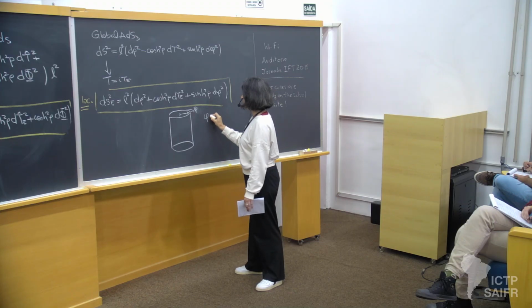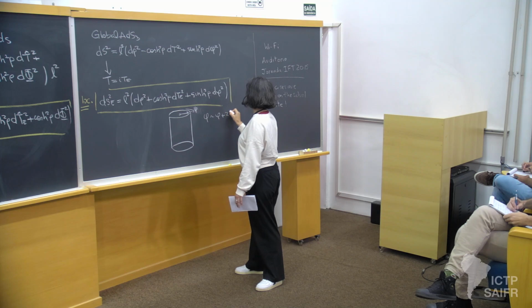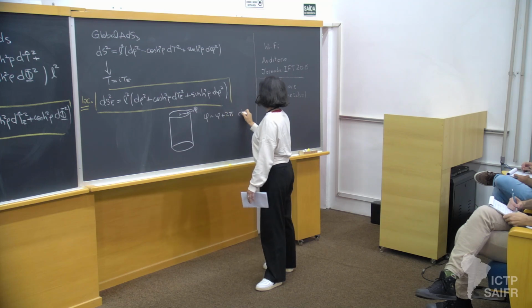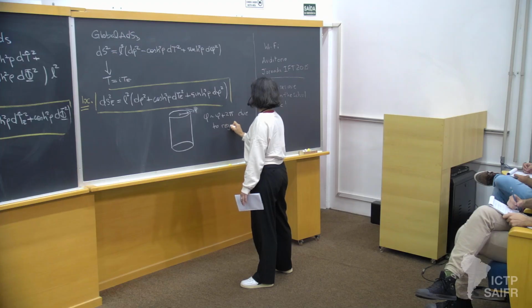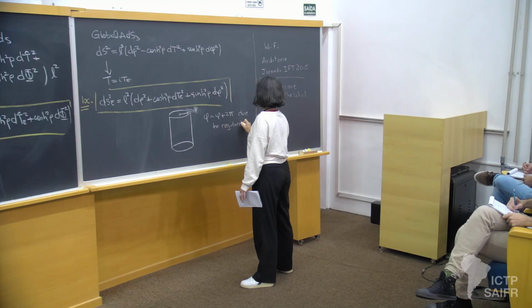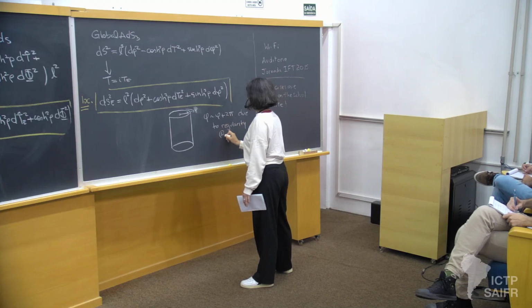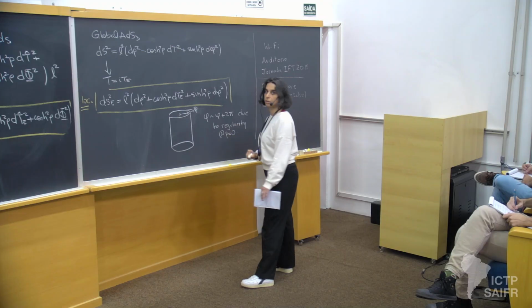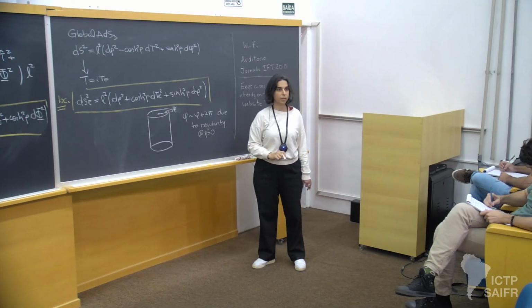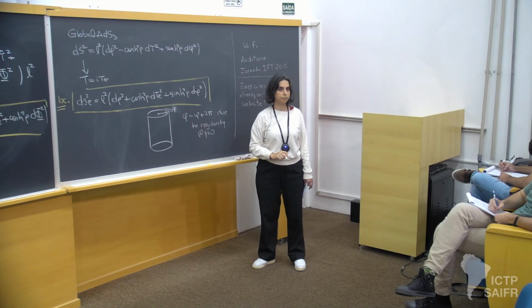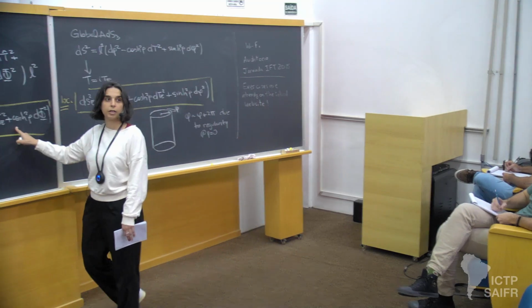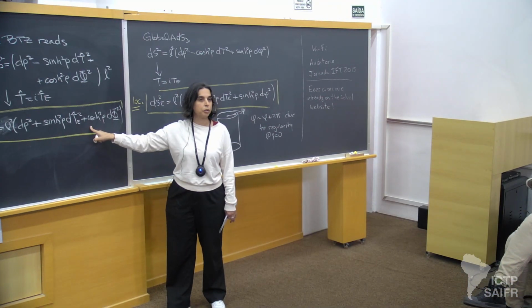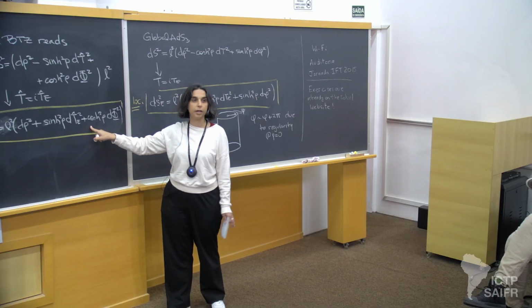So phi has periodicity 2 pi due to regularity at rho equal to 0. Right? We agree? Yes. Okay, so now let's look at this line element. What would we conclude here? So I have for you this line element.